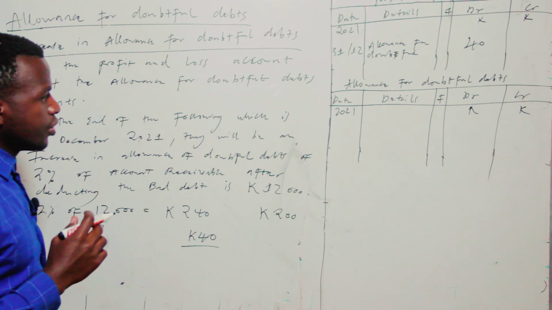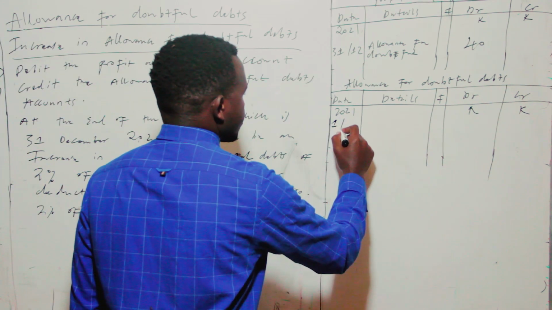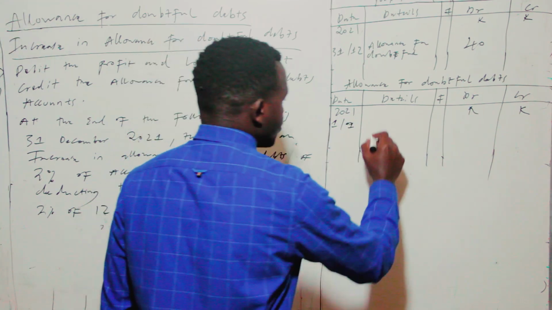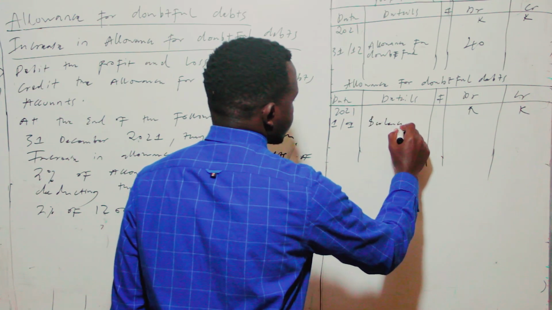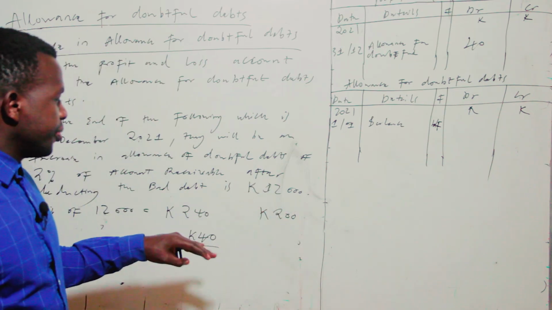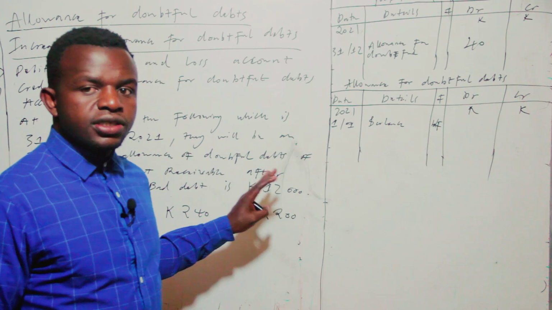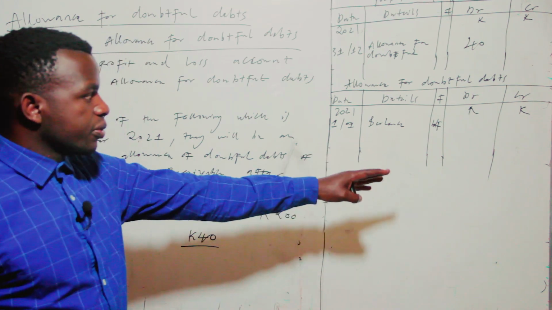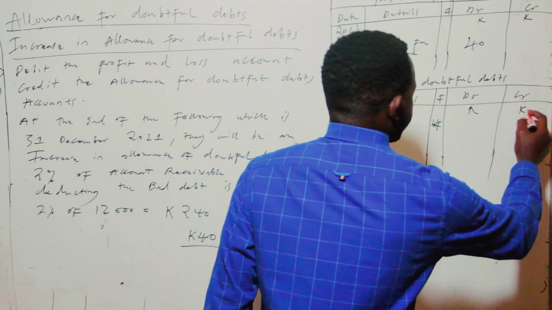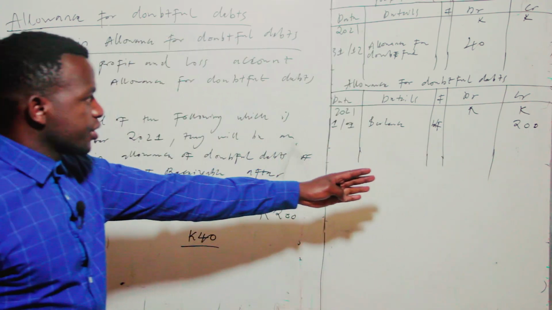So the first thing that we're going to do, we're going to say on the 1st of June, balance brought forward. So the balance brought forward will be 200 kwacha from the previous accounting period, since we had 200 kwacha. We're supposed to record that, and it was on the credit side, so we're going to put 200 kwacha.